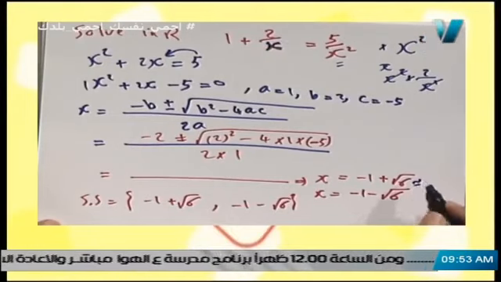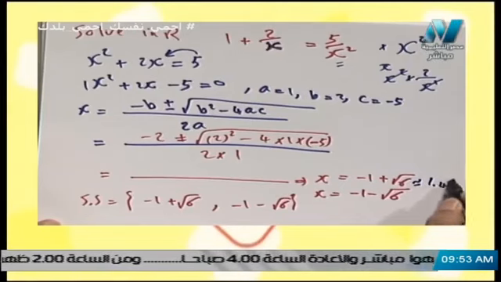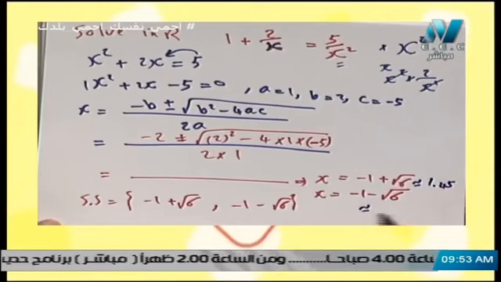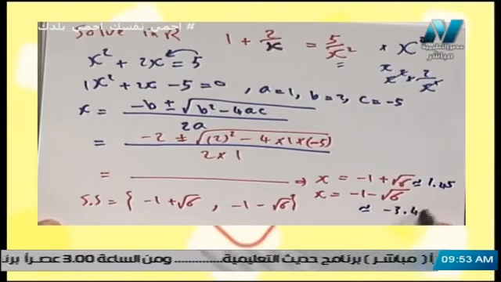It will be the first one 1.45, and here approximately equals negative 3.45.